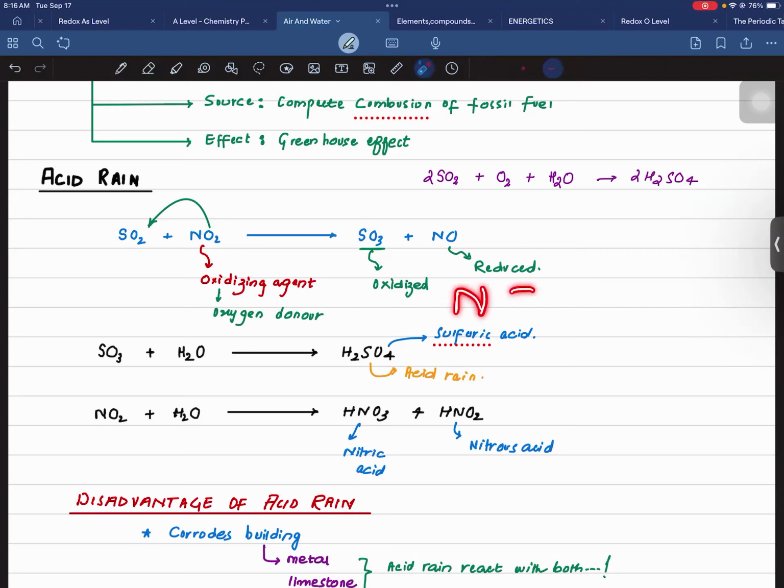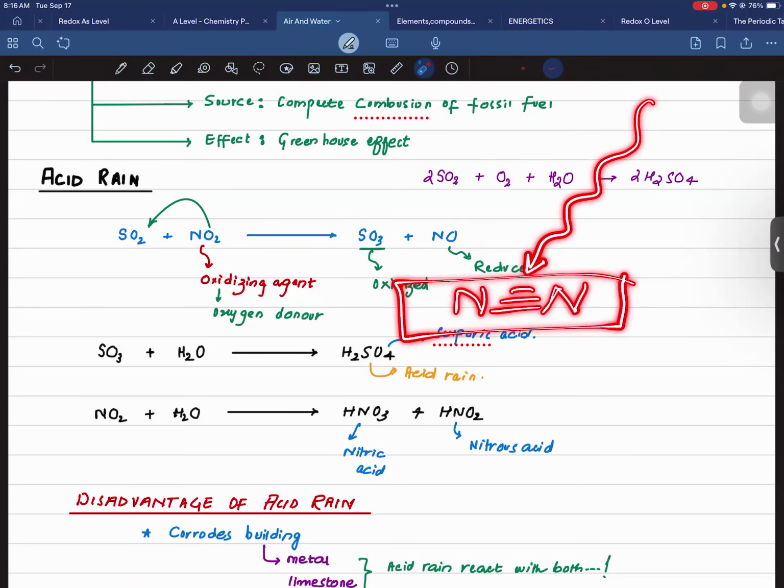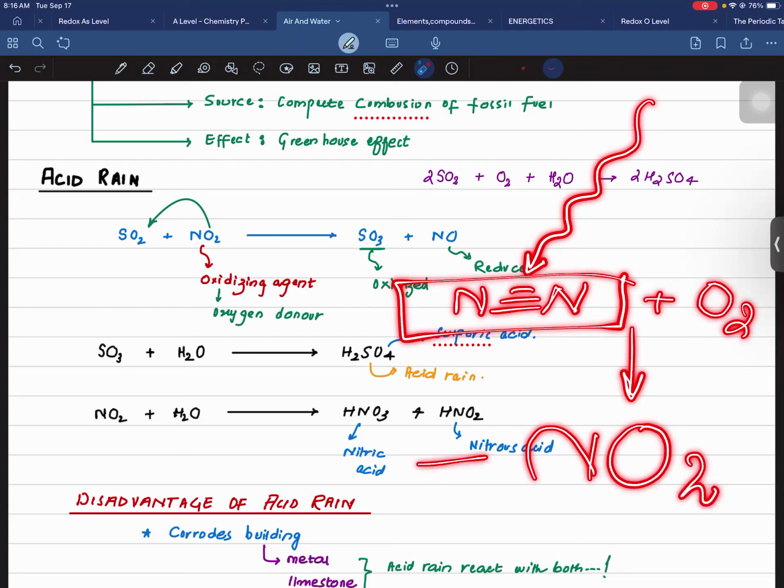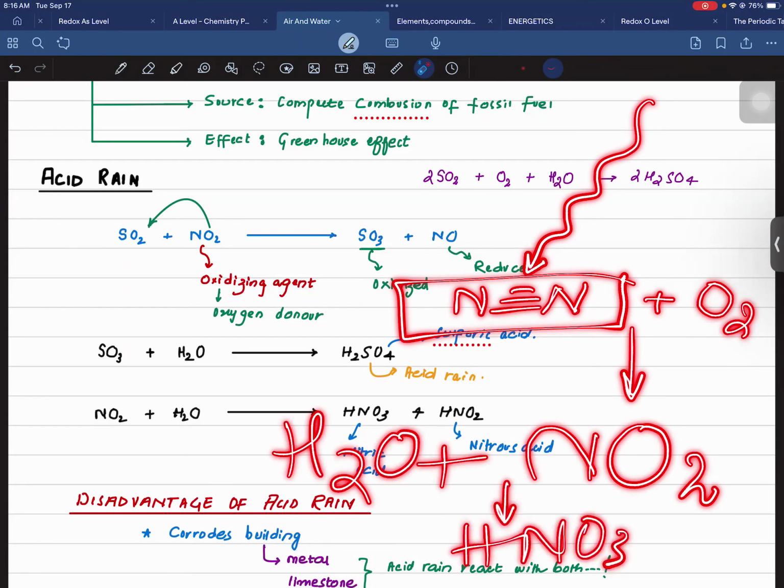Nitrogen, which is having triple covalent bond, when the lightning strikes on this nitrogen molecule, the nitrogen would be breaking down, and it would be reacting with this oxygen gas to produce NO2. And when NO2 mixes with water, they would be producing HNO3.